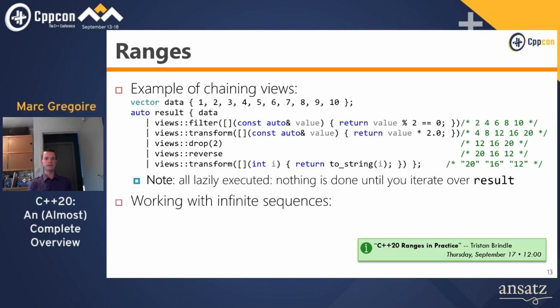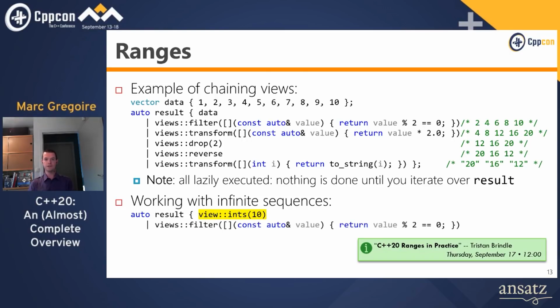Because all this is lazily executed, we can work with so-called infinite sequences. Here I'm using a range factory, and this one is creating an infinite sequence of integers starting with 10. I can do anything I want with this infinite sequence of elements. I can filter it, transform it, drop elements, reverse elements, everything you want.